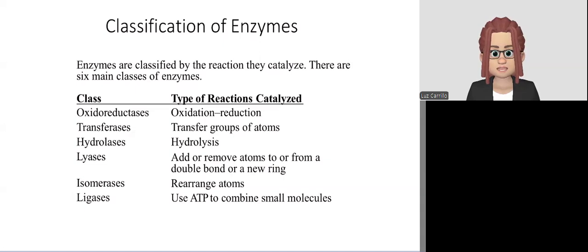When an enzyme is an oxidoreductase, that means that it's going to do oxidation reduction reactions. When an enzyme is a transferase, it is involved in the transferring of atoms. If an enzyme is a hydrolase, it is involved in hydrolysis. If an enzyme is a lyase, it's going to add or remove atoms to form a double bond or a new ring.